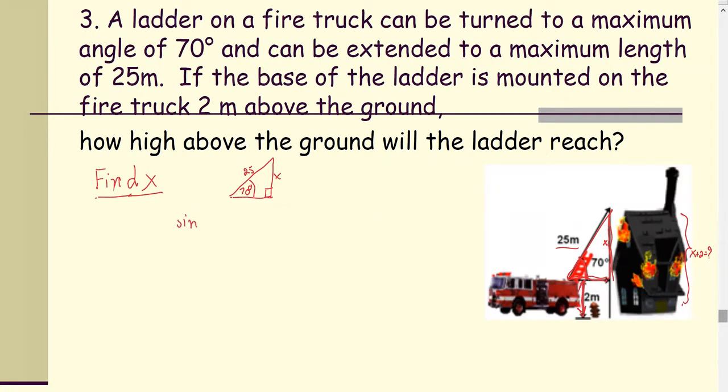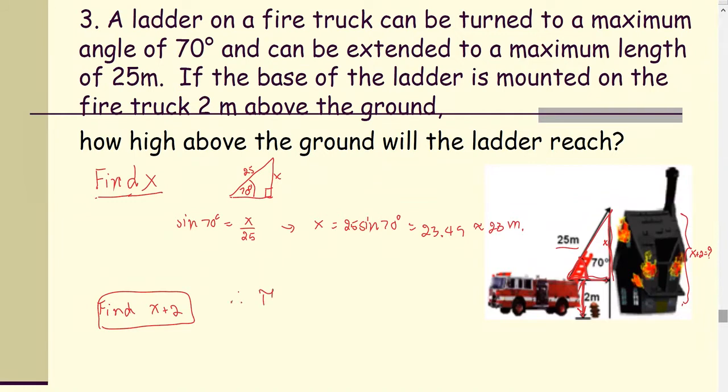We can use sine 70 degrees equals the opposite x divided by the hypotenuse. To compute, x equals 25 multiplied by sine of 70 degrees, or 23.49, which is about 23 meters. And then we find the total height, x plus 2.